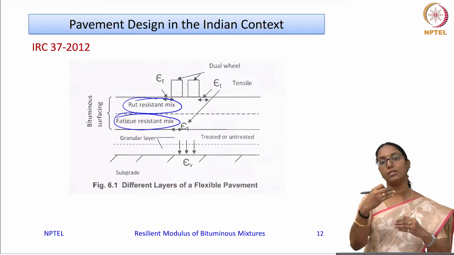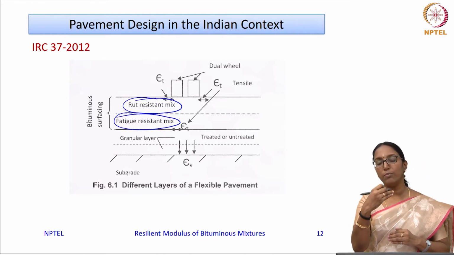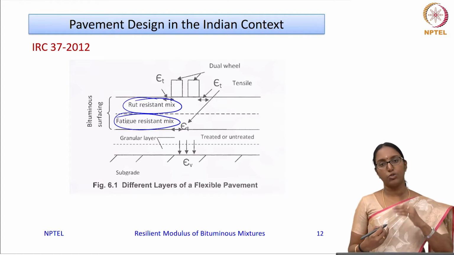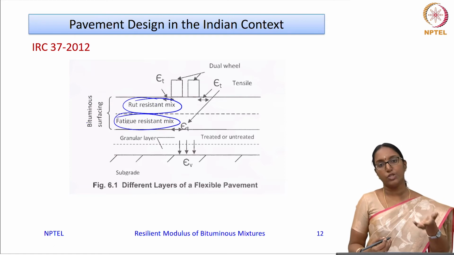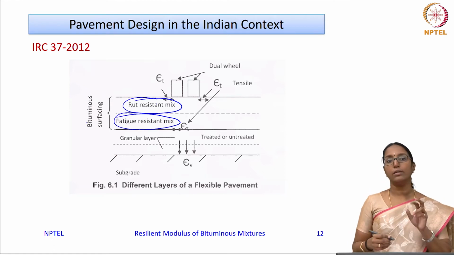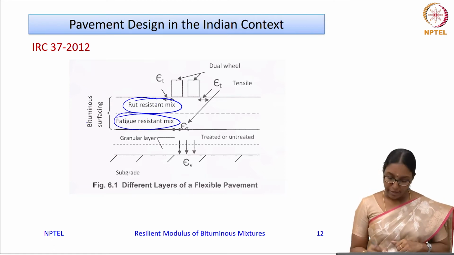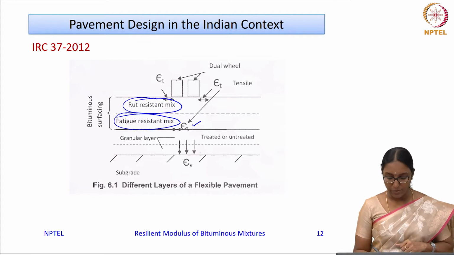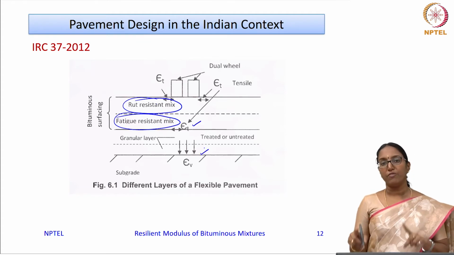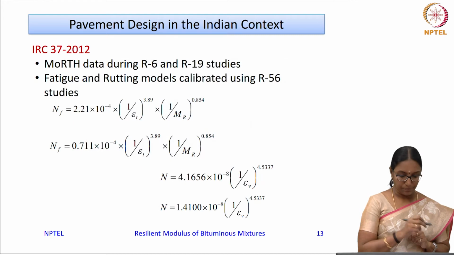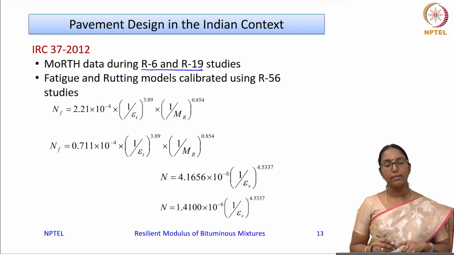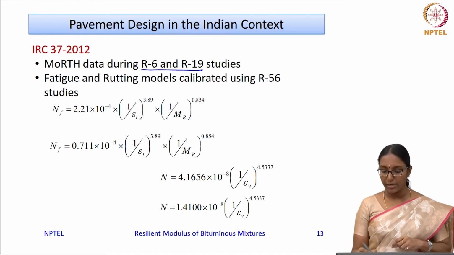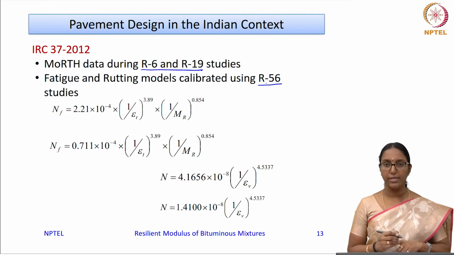The bituminous layer towards the top, towards the surface, should be rut resistant, and the bottom bituminous layer should be fatigue resistant, and also the critical strains that are identified are epsilon T and epsilon V itself for the fatigue and rutting distress. So, as you can see, they have used data from MORTH R6 and R19 studies, and these equations were further calibrated using data from R56.